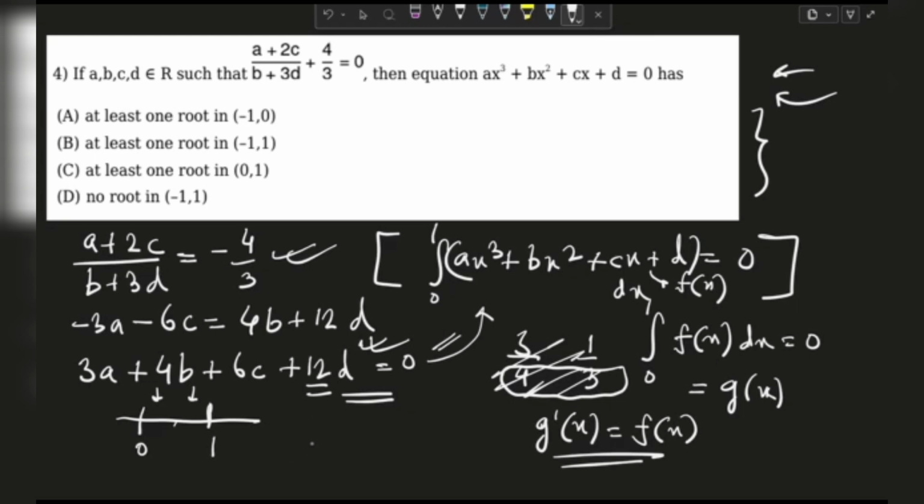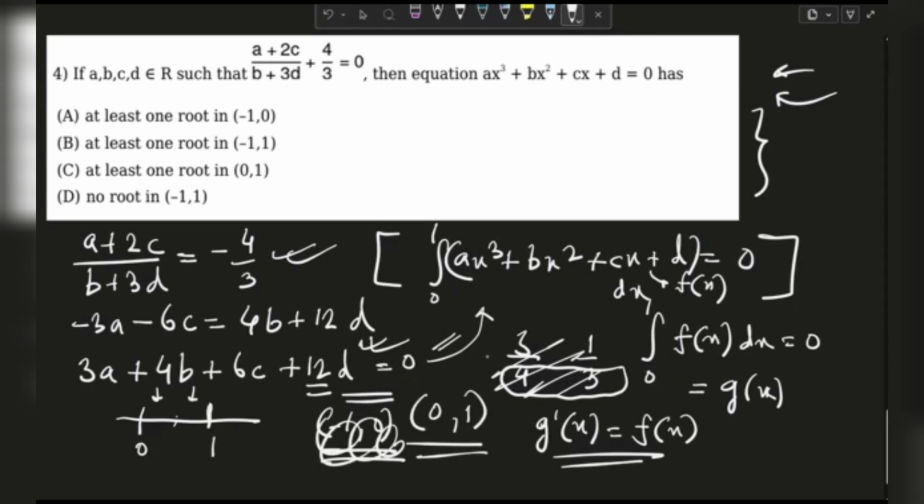So yes, there will be at least one root in between 0 and 1. This is pretty obvious. Just a minute, this is not -1 and 0. What did I write? This is 0 and 1.